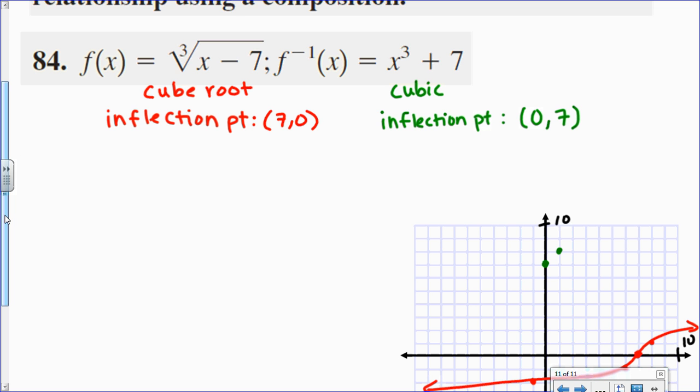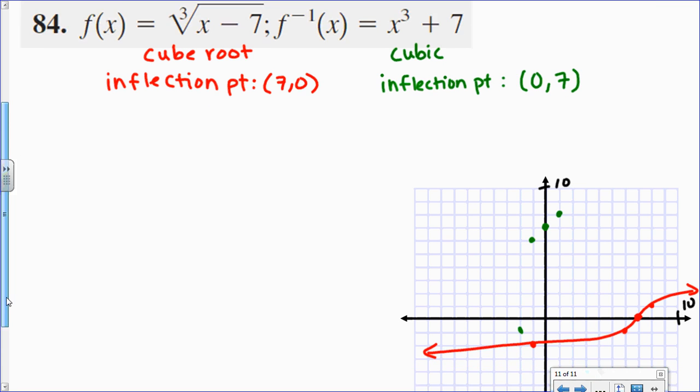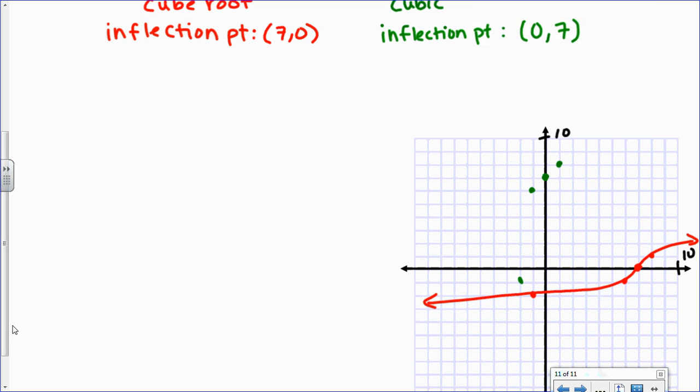If you go left 1, negative 1 cubed is negative 1. If you go right 2, 2 cubed is 8. If you go left 2, negative 2 cubed is negative 8.